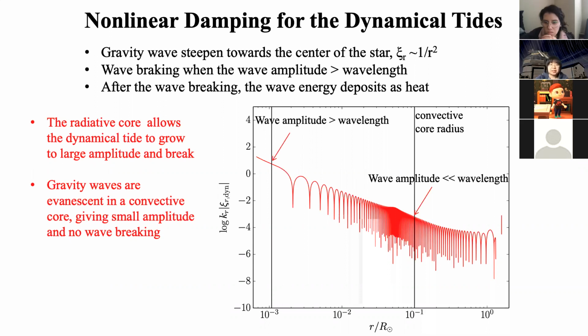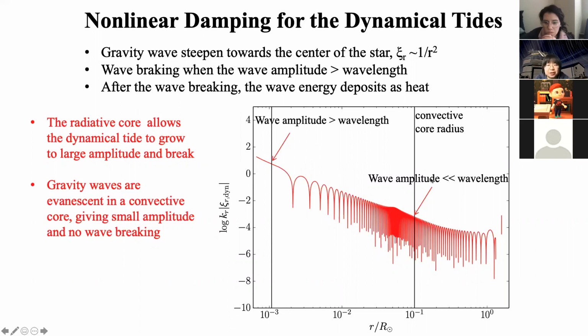As the wave propagates inward, the wave amplitude increases dramatically. And when this wave amplitude is greater than the wavelength, the dynamical tide can be damped near the center, and the wave energy can convert to heat during this process.